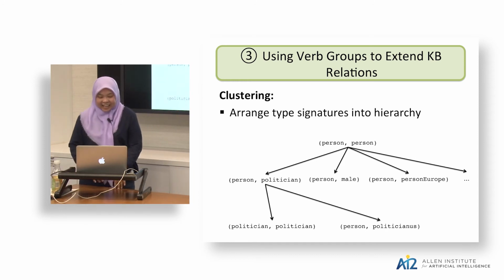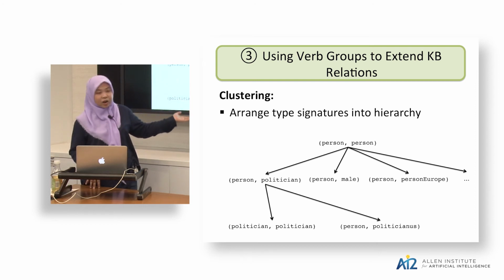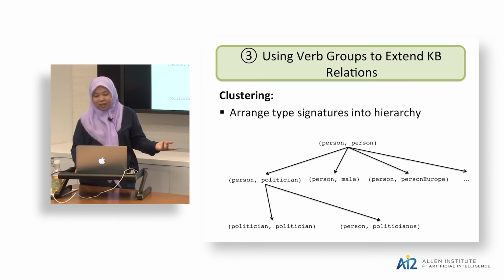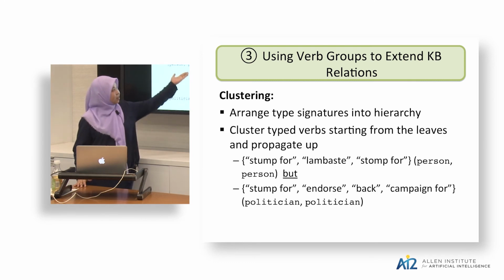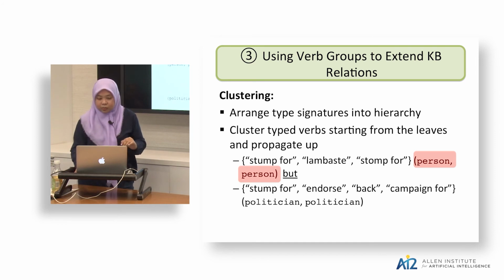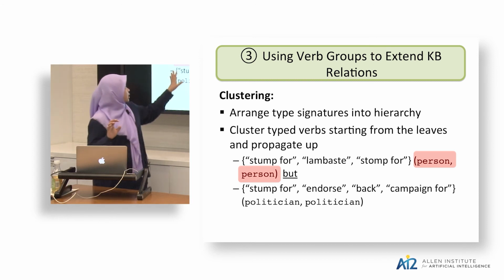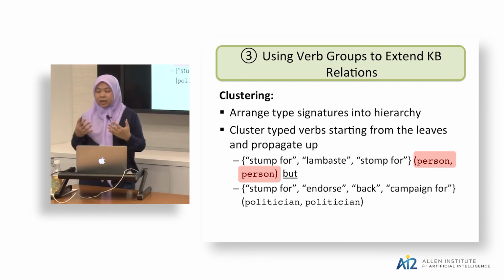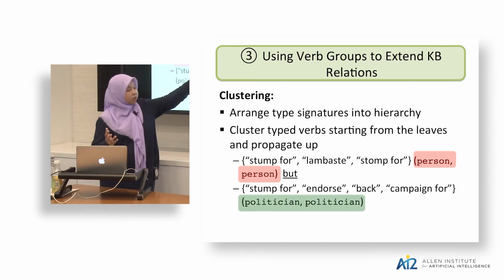Yeah. And to cluster, we first arrange these types into a hierarchy. Why? Because we believe that the clusters of the children of a particular type can inform the clustering of that type. We'll see how it happens. For example, if we cluster at the person-person level, the word stump for, which means making a speech in support of someone, is clustered with the wrong kind of words.